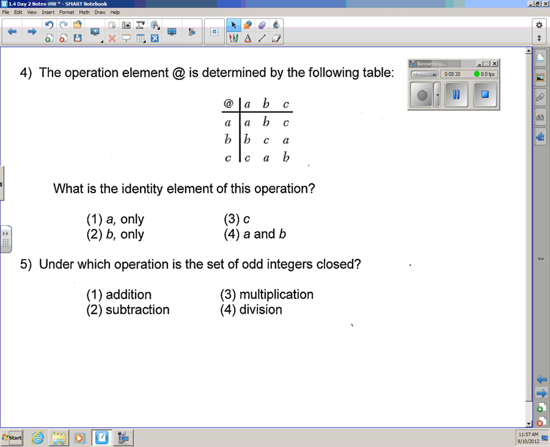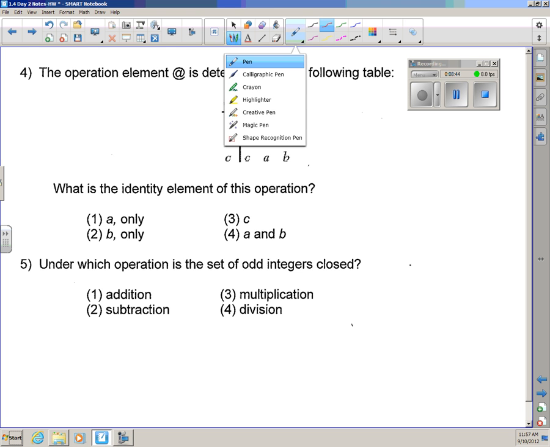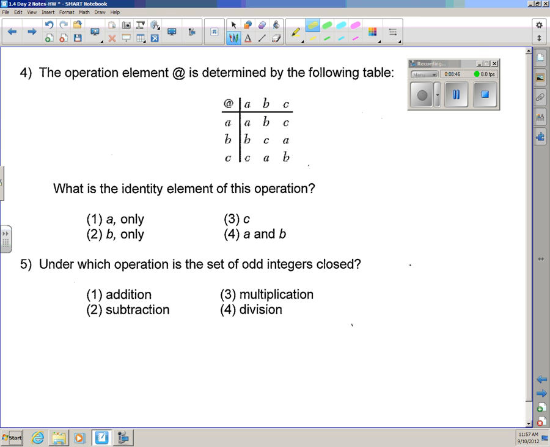The operation element of like that symbol is determined by the following table. What's a little bit different about this is you've got to stay who you are because we're dealing with the identity element. So if I take a look at this particular piece, okay, so if I'm looking for ABC, that's the exact same way underneath its table. I see that that's my ABC.